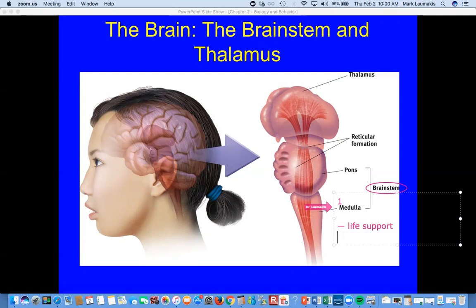So this is basic life support because it plays an important role in vital body functions such as heart rate, breathing, blood pressure, and blood circulation.